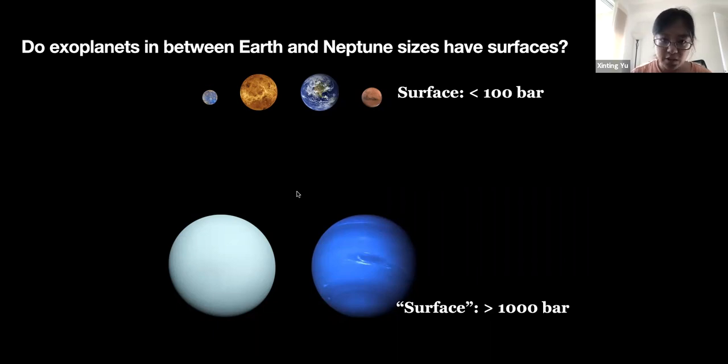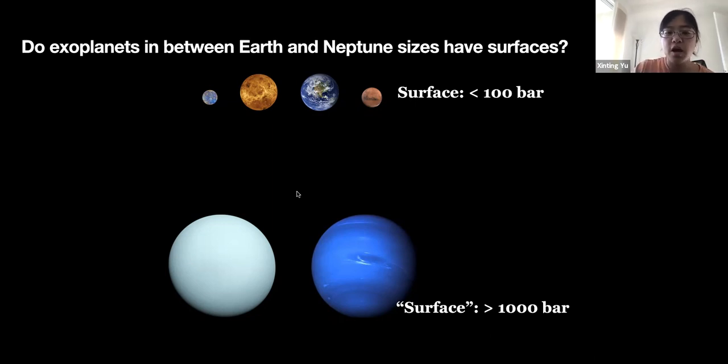But all these planets have pretty thin atmospheres. Now, the giant planets, for example Uranus and Neptune, are really big and don't really have a surface. If there's anything we define as a surface, such as a gas to liquid or gas to solid transition boundary, it's going to be very deep, probably over a kilobar.